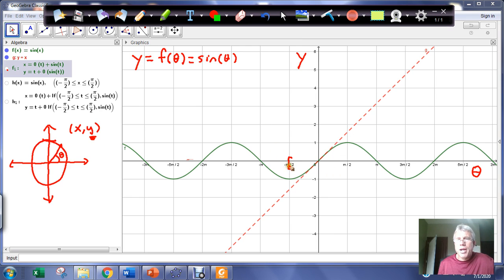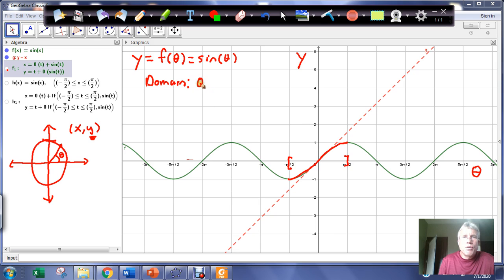So if I restrict my angles from negative pi over 2 to pi over 2 on the unit circle, what I see is that the graph of the sine function is going to be 1 to 1 over that restricted interval. So what we're going to do to get an inverse function is we're going to say, let's restrict the domain of the sine function.